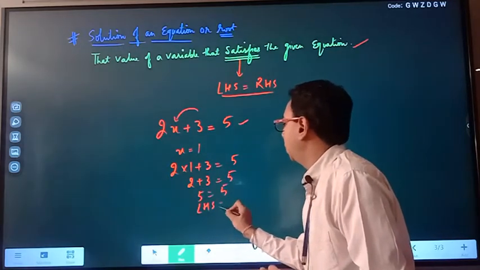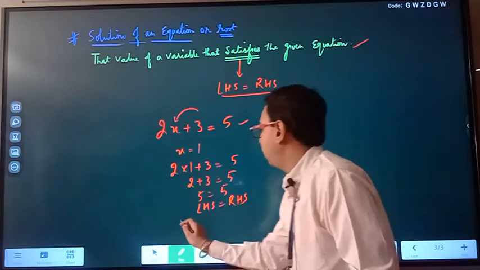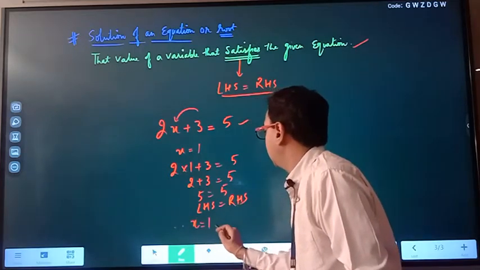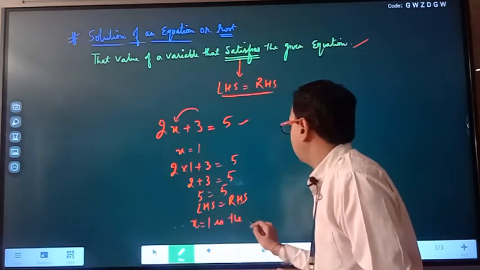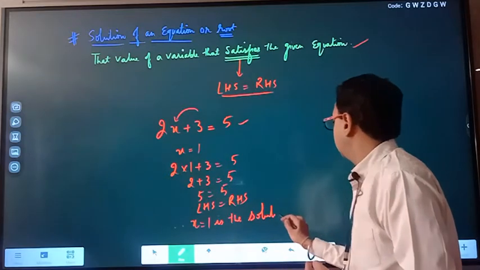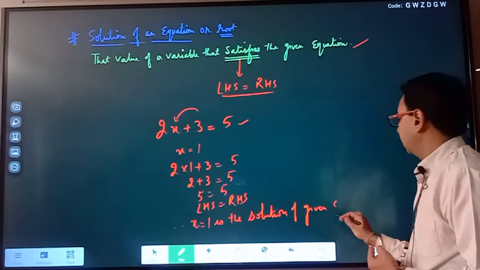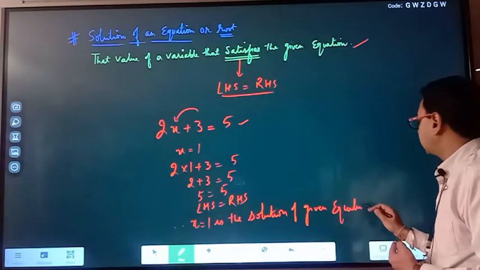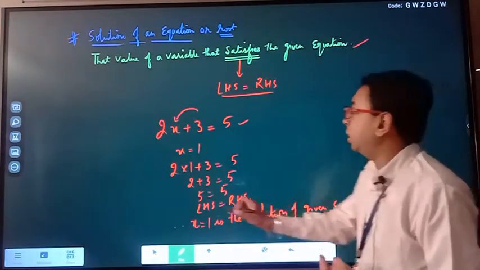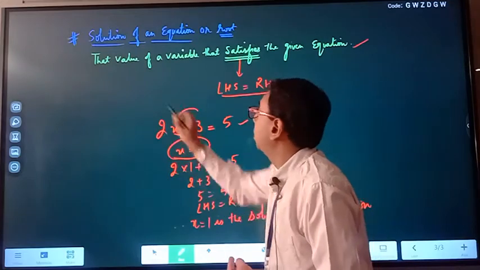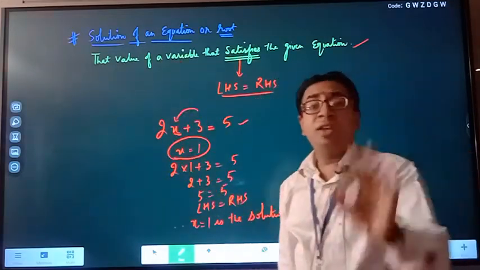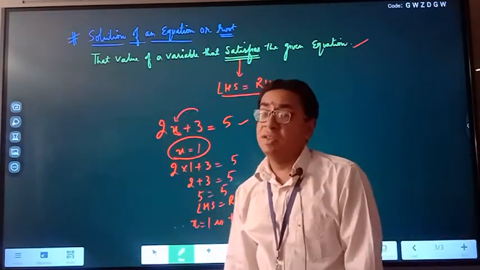LHS is equal to RHS. Therefore, x equal to 1 is the solution of the given equation. I think you have already done this in class 7, but we are recapping it. So do remember, the solution of an equation is that value of a variable that satisfies the given equation.